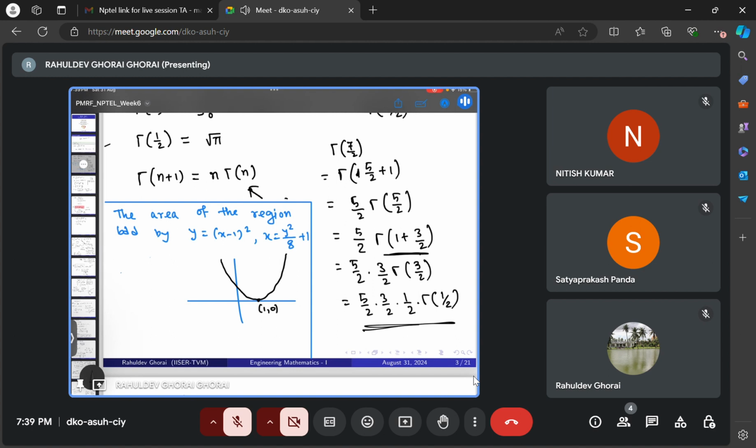So that is one. Another one will be x equal to y square over 8 plus 1. This one should also intersect at 1, 0. But how will it look like? This x equal to y square over 8 plus 1.